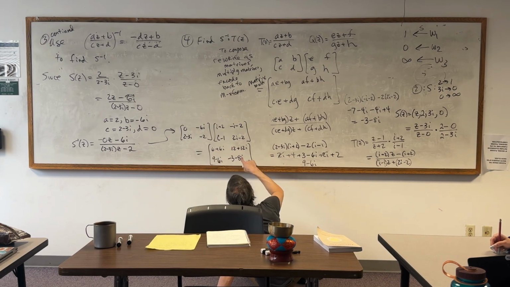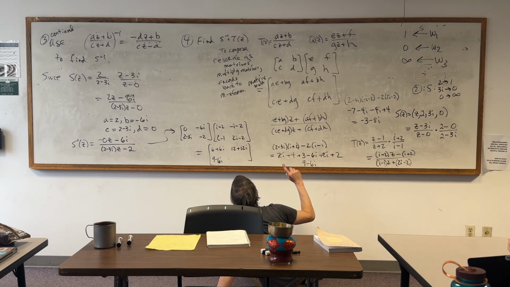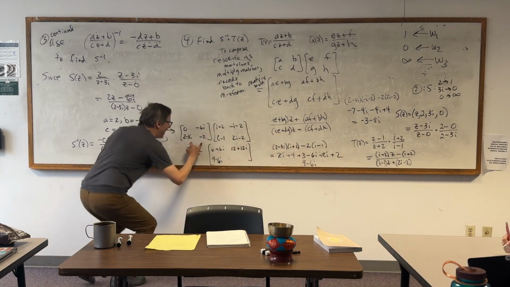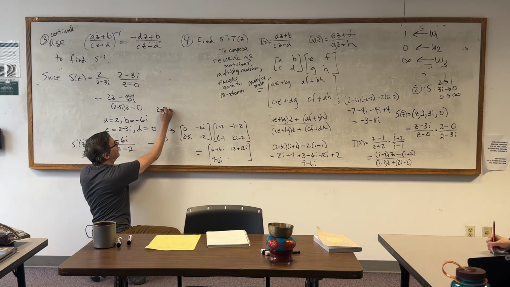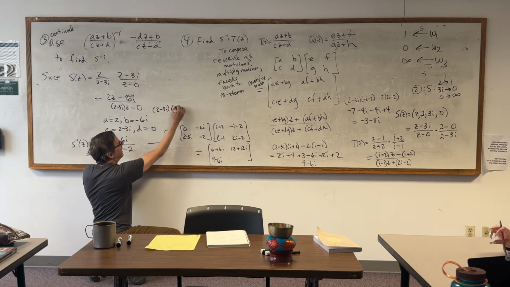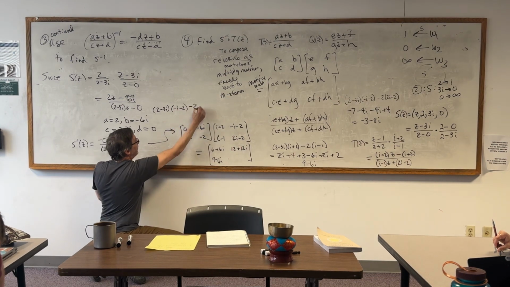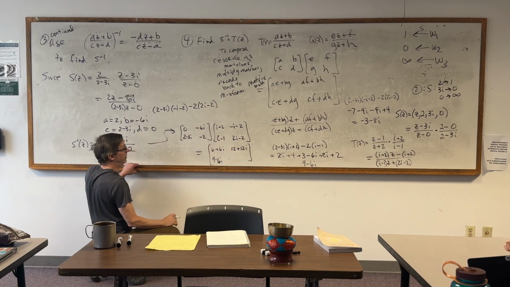Now let's check my second one. That one, I just got negative 3. And this is the one you were asking me about, Ella. So let's do that together. We're going to take that dotted with that. So 2 minus 3i times negative I minus 2, minus 2 times 2i minus 2.